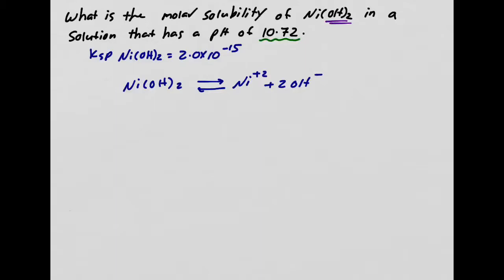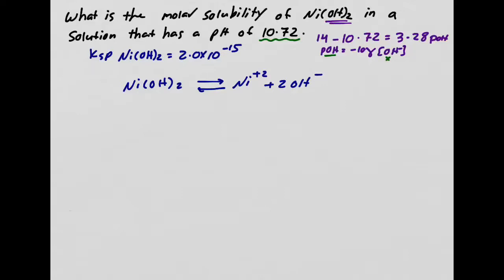So the pH is 10.72. I have to subtract it from 14. You know how to do that, right? When you do that, you get the pOH, which is 3.28. Now, this is great because if you remember, pOH is minus log of the OH minus concentration. And now you can figure out the OH minus concentration.